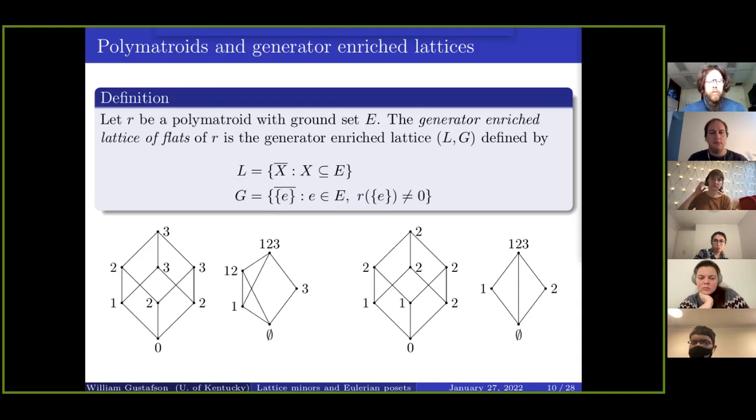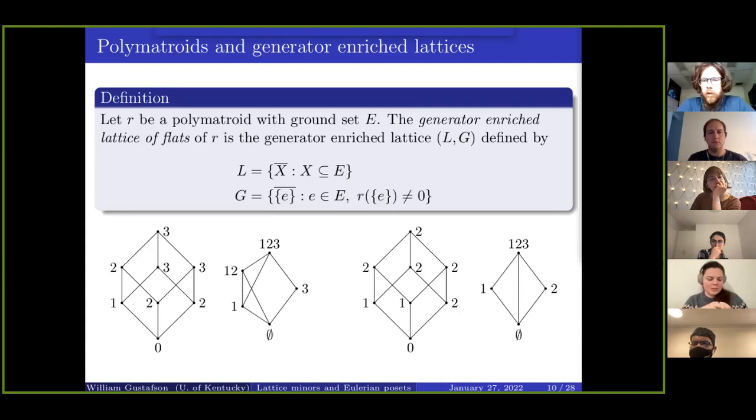I've got the rank values written on the unlabeled Hasse diagram of the Boolean algebra. And just to its right is this lattice of flats. So for instance, 1 and 2 is a generator because that's the closure of the singleton 2. And the other generators are just the closure of 1 and closure of 3, which are themselves.